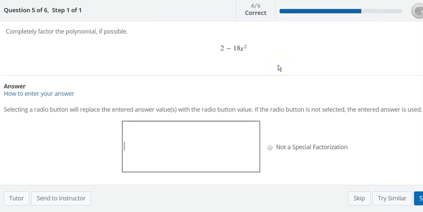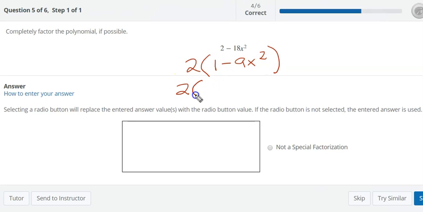Now, as we look at this, this looks like the difference of something. But remember, you always have to take out the greatest common factor first, which is a 2. Then you're left with 1 minus 9x squared. Now you have the difference of perfect squares.